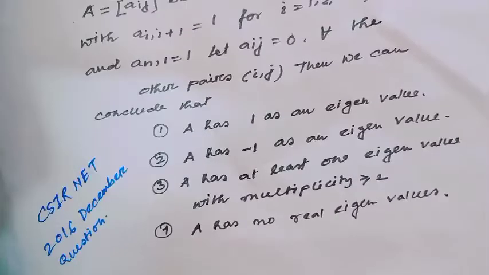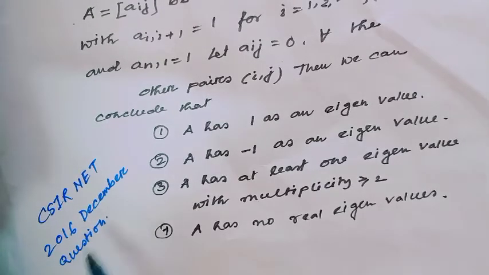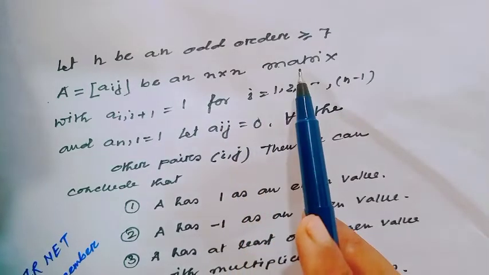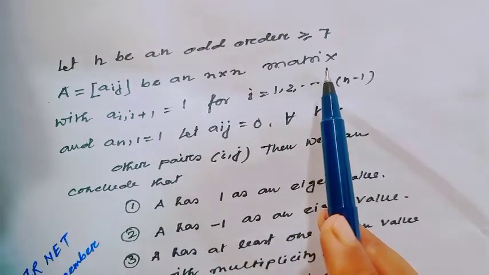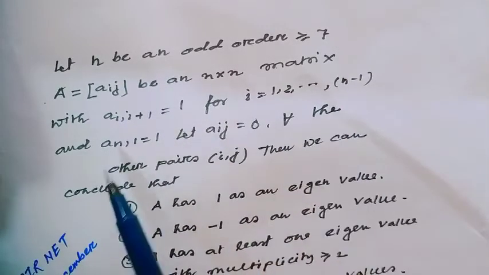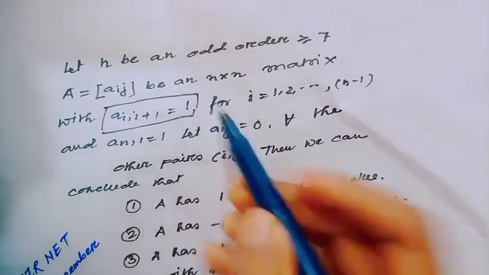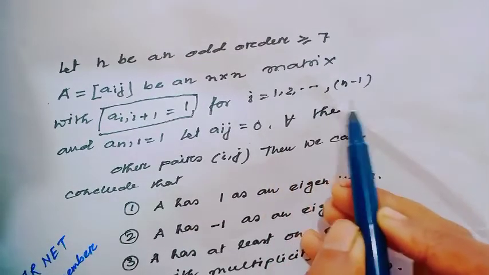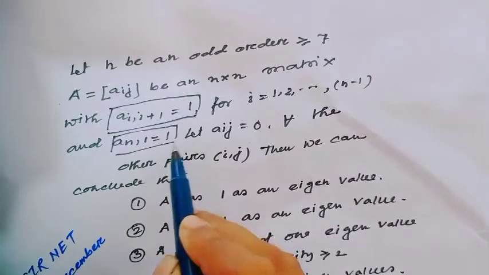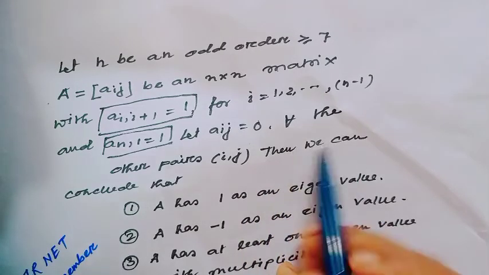I will see one question on the companion matrix which came in the CSIR NET December 2000 exam. The question is: consider n odd, greater than or equal to 7, and consider A equal to (aij), an n cross n matrix with the condition a(i, i+1) equal to 1 for all i equal to 1 up to n minus 1, and a(n, 1) equal to 1, and aij equal to 0 for other pairs ij.